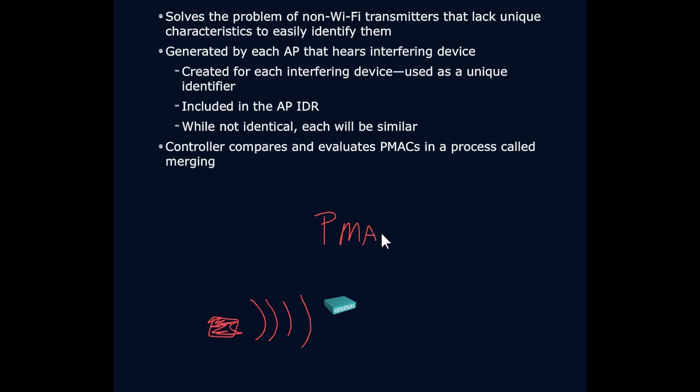The Pseudo MAC is essentially going to be, I've got this particular registered source of information. We've got the IDR, the report on that. And so in that report, it will associate that source with a pseudo MAC.